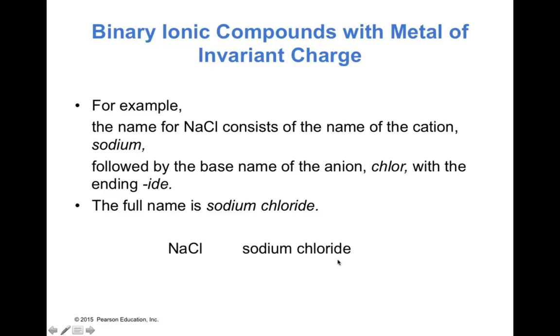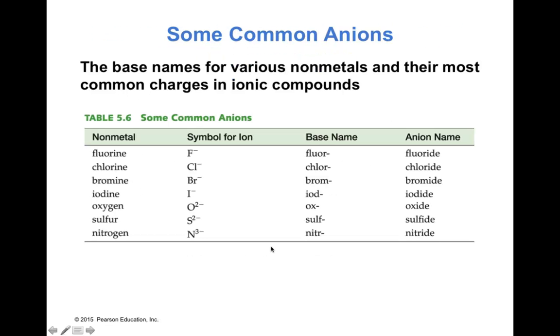So we have here sodium chloride, NaCl. These are some common names of anions. Fluoride comes from fluorine, but with the ending IDE, which is used when they are anions. Chloride, bromide, iodide, oxide, sulfide, nitride. These are the anion names of those anions.